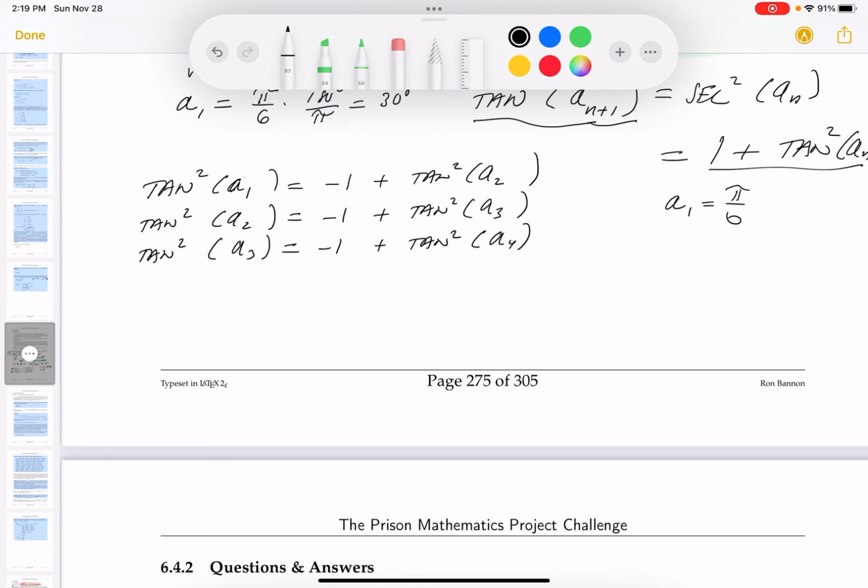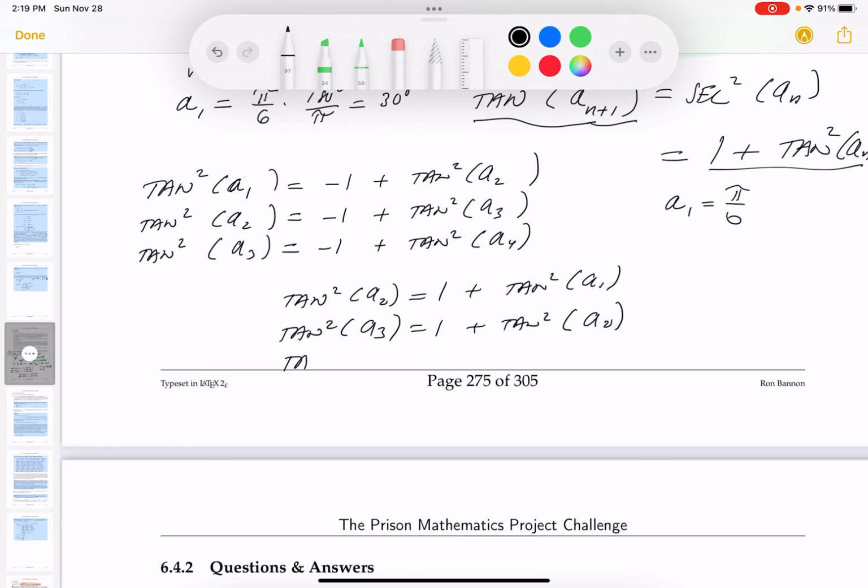I'm going to write down the tangent squared A2 is equal to 1 plus the tangent squared A1. And the tangent squared A3 is going to be equal to 1 plus the tangent squared A2. And tangent squared A4 will be 1 plus the tangent squared A3, right?